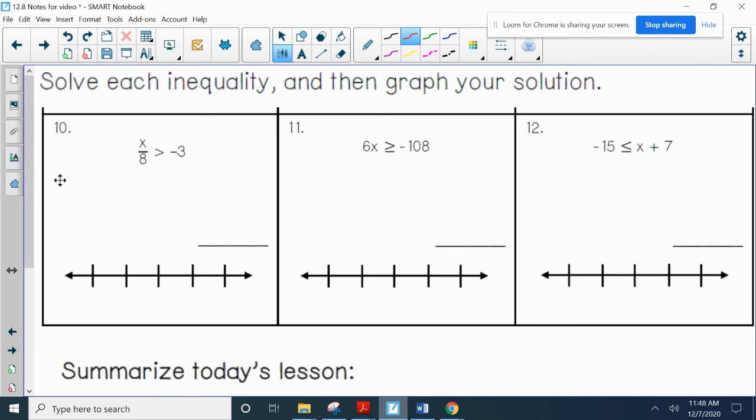If you don't get it right, you probably aren't as comfortable with this. Please come to guided practice. Either way, you are welcome to guided practice, but if you don't get these right, you should come to guided practice before automatically jumping into this Schoology work. So pause this, solve it, and graph it.